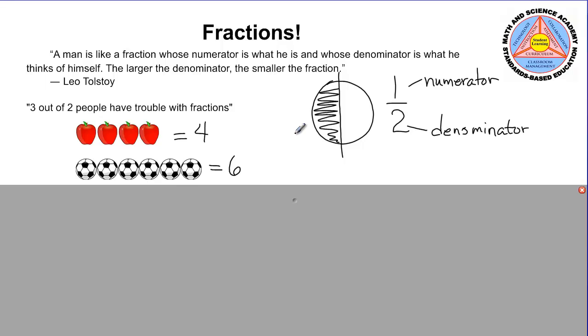And you may never have known this, I sure didn't, but this middle line that separates the 2 is called a vinculum, V-I-N-C-U-L-U-M. It's a Latin word, and it means bond, and it literally binds the numerator and denominator together to create one number. It was introduced, incidentally, by a Moroccan mathematician named Abu Bakr al-Hazar in the 12th century.